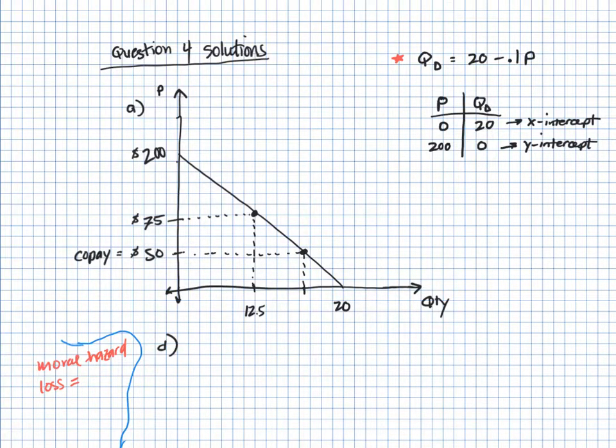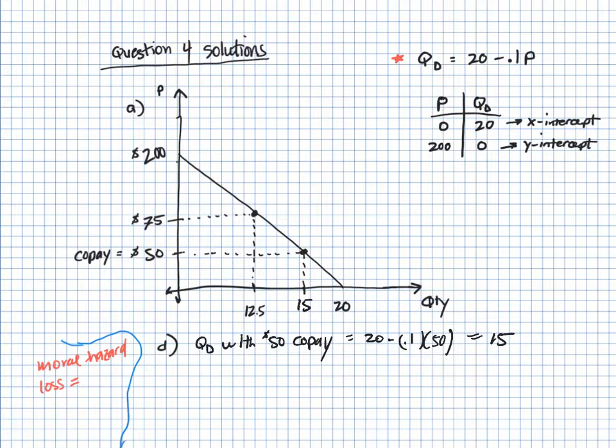So what we need to do then is plug 50 back into our demand curve, and we will see that QD with the $50 copay is equal to 20 minus 0.1 times 50, which is going to be equal to 15. Okay, so Bob is going to go to the doctor 15 times with the $50 copay.